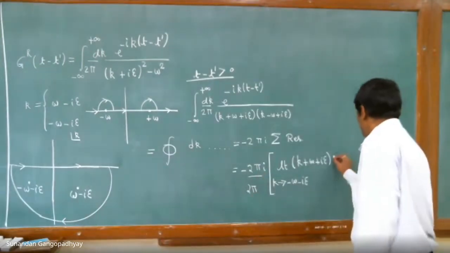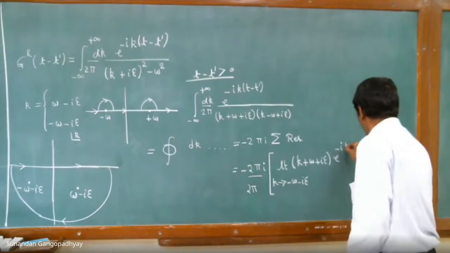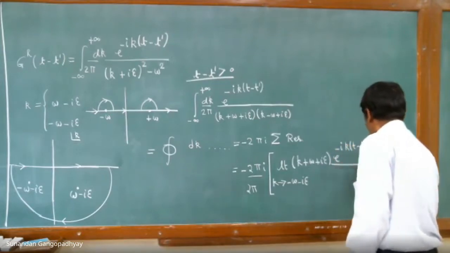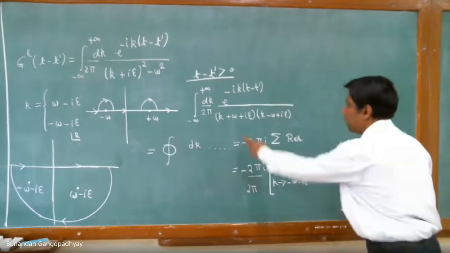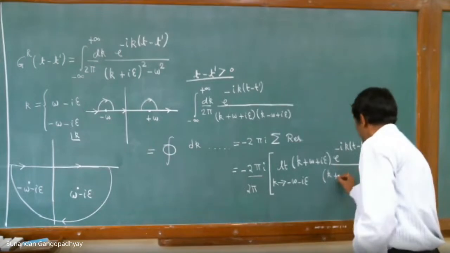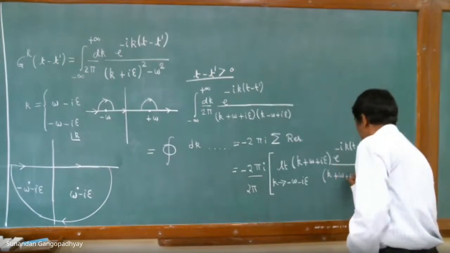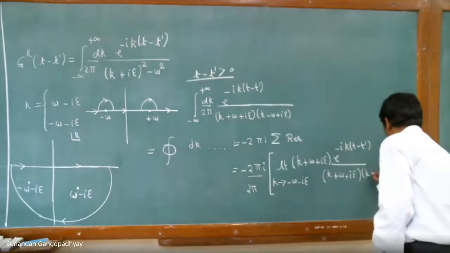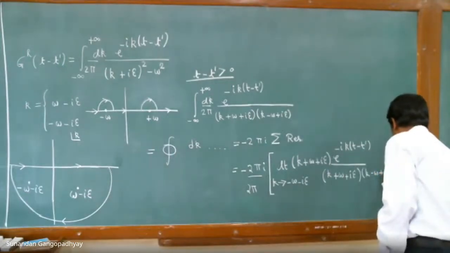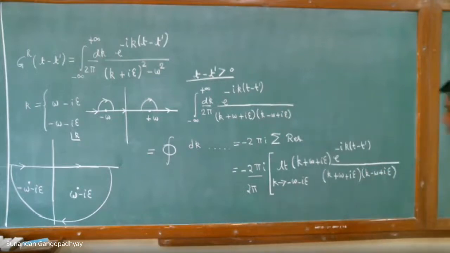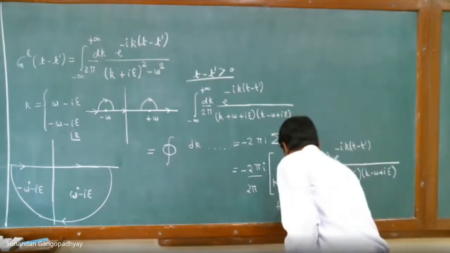And then we will have e to the power of minus i (t minus t prime) divided by these two factors. So you have two factors over here, k plus omega plus i epsilon, and then k minus omega plus i epsilon.